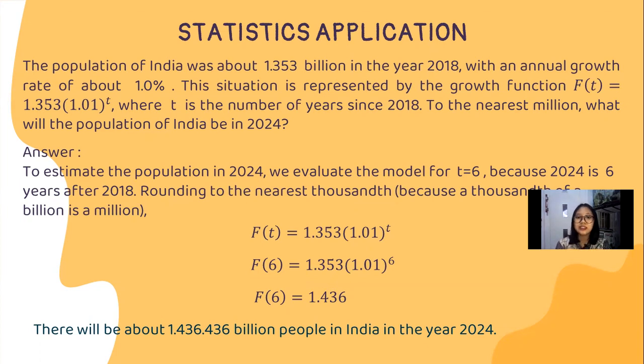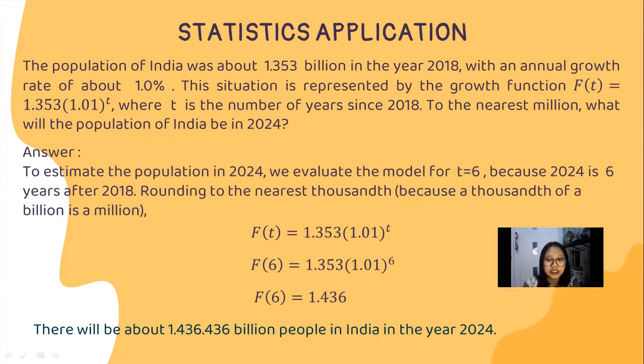Okay, to answer this kind of question, we can use the exponential function. To estimate the population in 2024, we evaluate the model for t = 6, because 2024 is 6 years after 2018. Rounding to the nearest thousand, because a thousandth of a billion is a million.